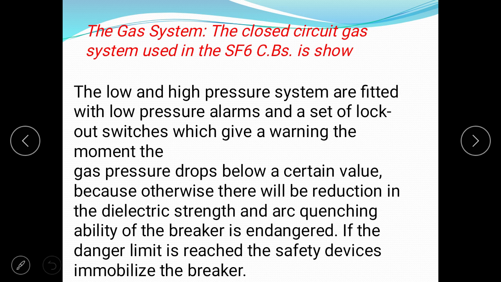The low and high pressure systems are fitted with a low pressure alarm and a set of lockout switches, which give a warning the moment the gas pressure drops below a certain value, because otherwise there will be a reduction in the dielectric strength and the arc quenching ability of the breaker is endangered. If the danger limit is reached, the safety device immobilizes the breaker.